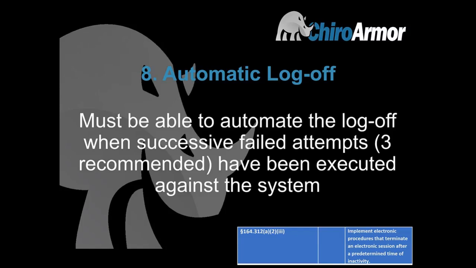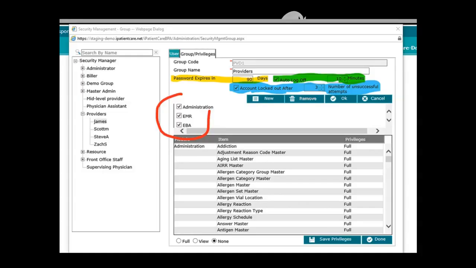That's why the logout is created, not only for failed attempts, but also as you think about how long that computer should be sitting there idle before somebody else would be able to sit down and access information that shouldn't be there. Your EHR system should allow you some of these key features. Of course, we see in yellow, we talked about password expiring.